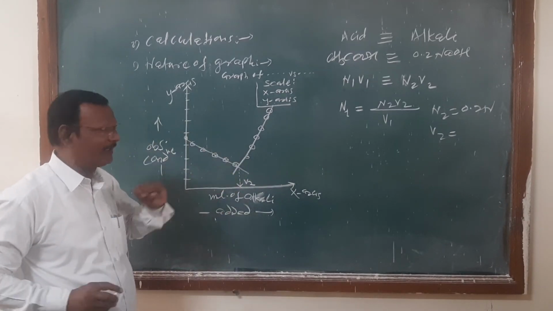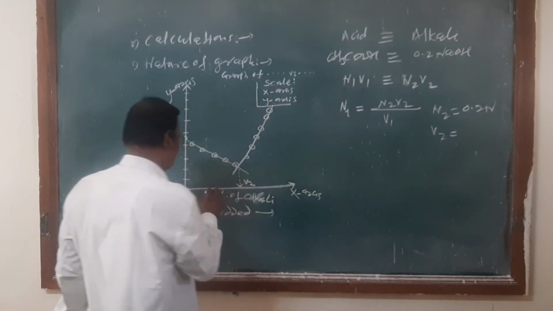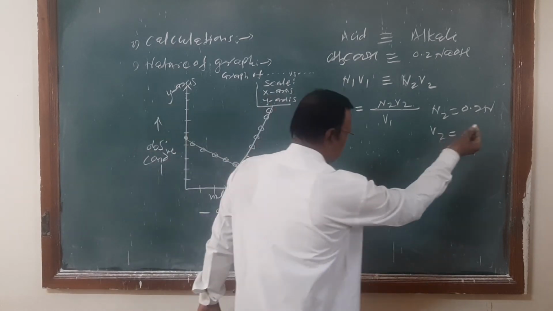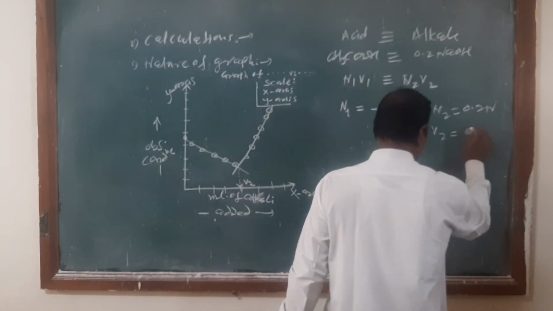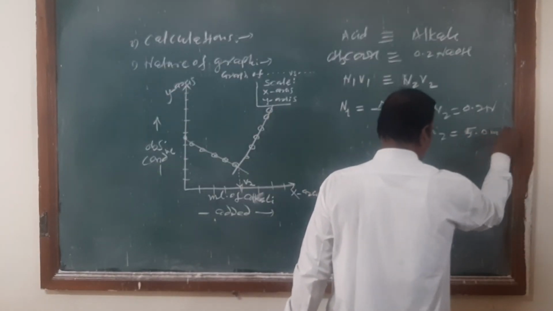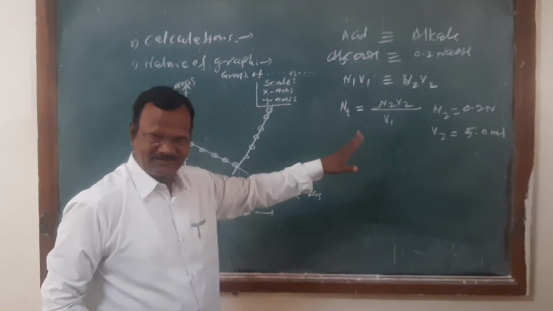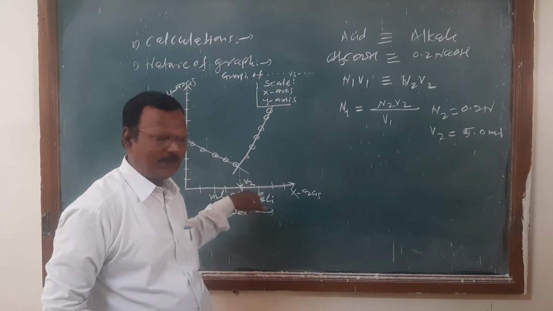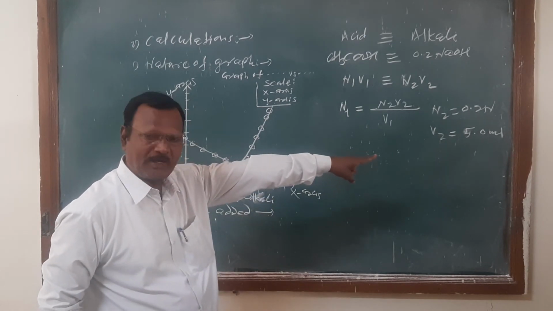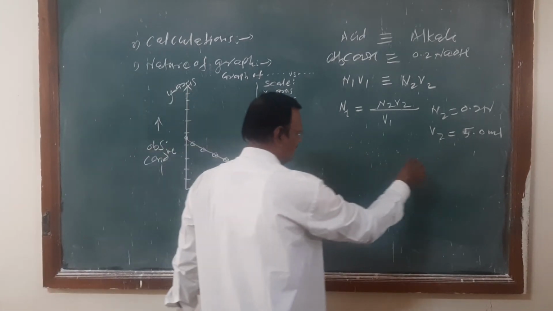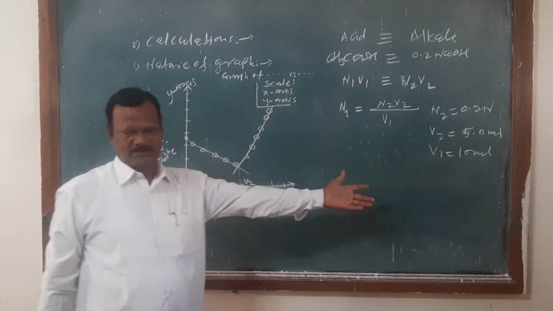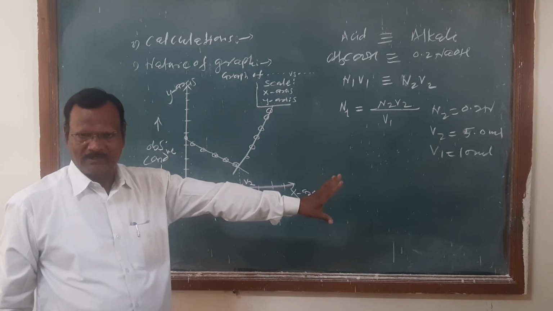For example, I take this value as 5.0 ml. Just imagine the neutralization value or equivalence point is obtained at 5.0 ml. Then V1 is equal to 10 ml, which we already know.